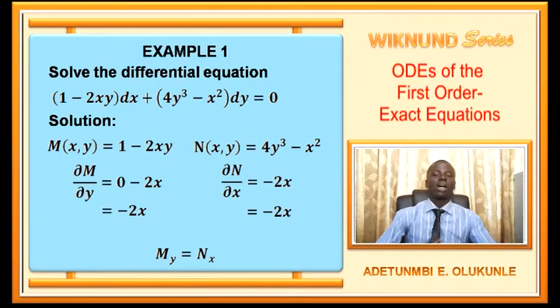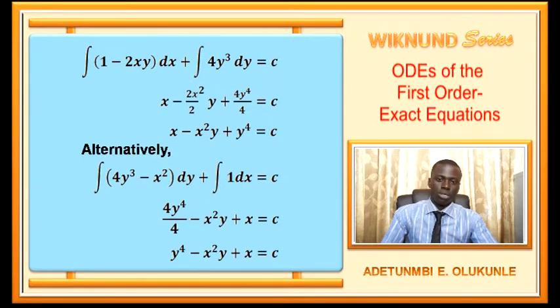So when it is exact, how do you solve it? Please, I'd like you to listen very carefully. I want to give a very simple approach to solving this. If you pick the first function as the pivot function, you integrate everything. That is the integral of (1 minus 2xy) dx plus. You now look for the term in the other function that does not contain x.